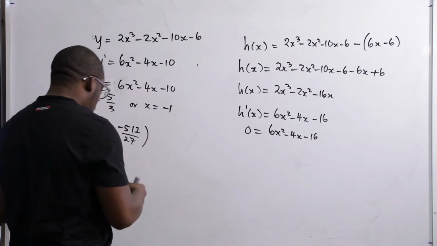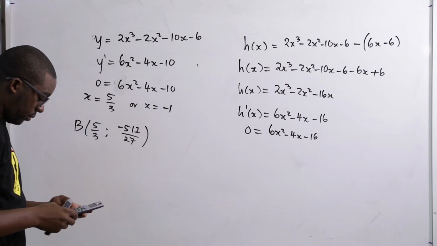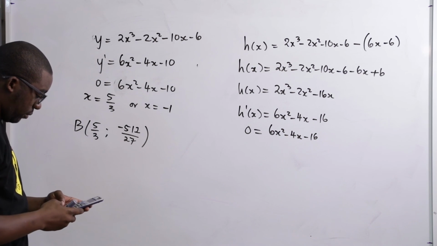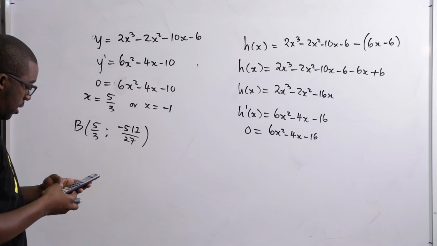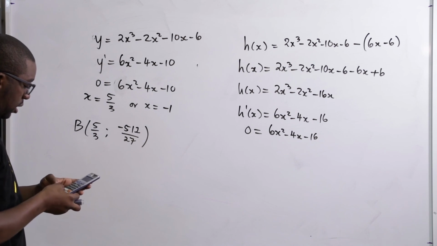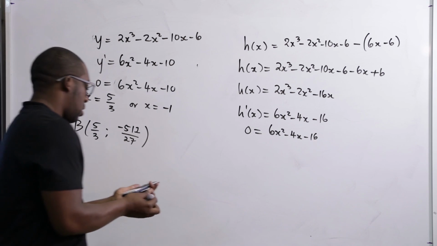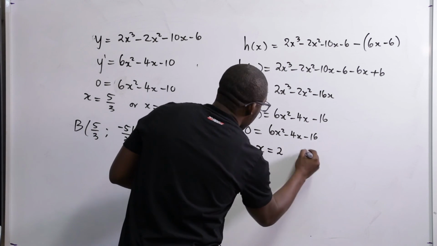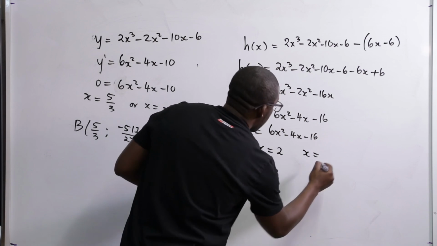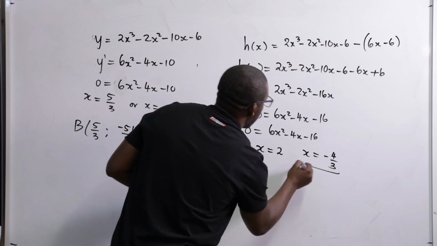We should get two solutions. One x value is 2 and the other is minus 4 over 3.